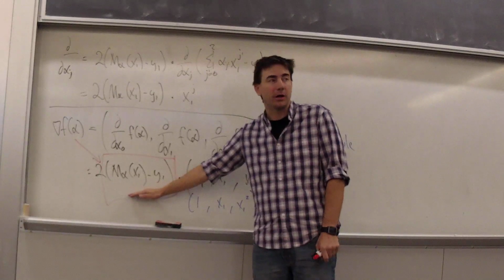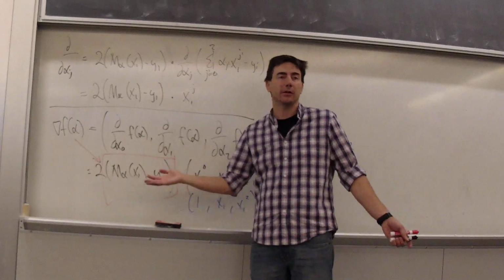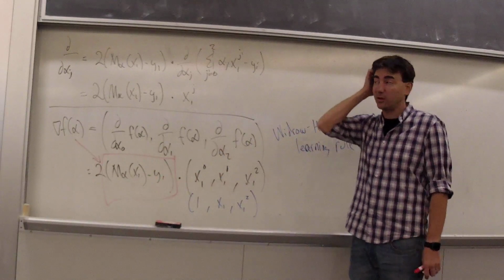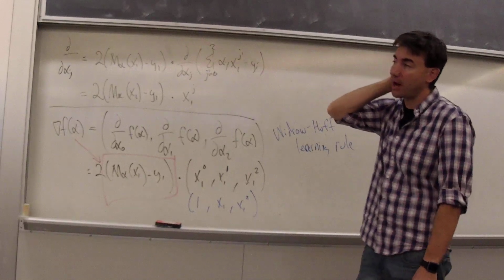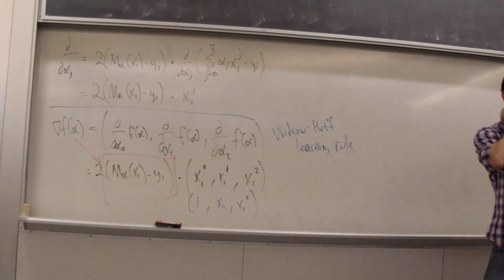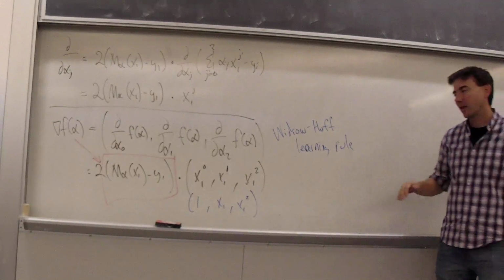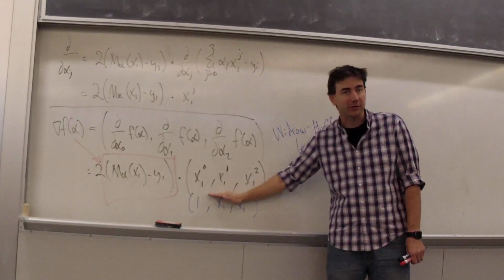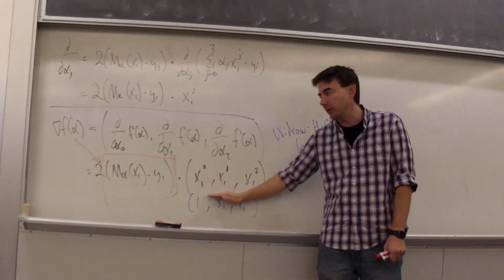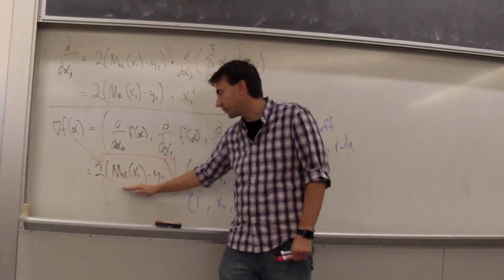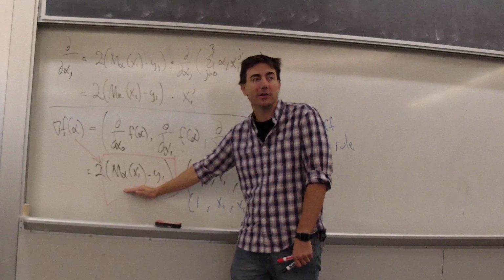If the error is small, the gradient is going to be small. So if you remember, my stopping condition that I wanted to use was going to be based on the norm of the gradient. This part is going to be fixed for any data set I'm using. The 2 is fixed, right? And so it only depends on the norm.